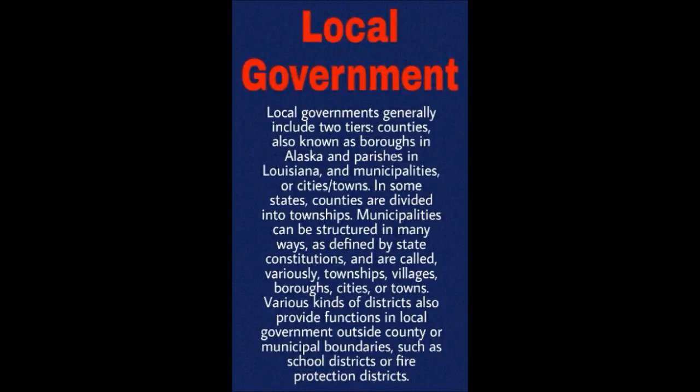Municipalities can be structured in many ways, as defined by state constitutions, and are called variously townships, villages, boroughs, cities, or towns. Various kinds of districts also provide functions in local government outside county or municipal boundaries, such as school districts or fire protection districts.